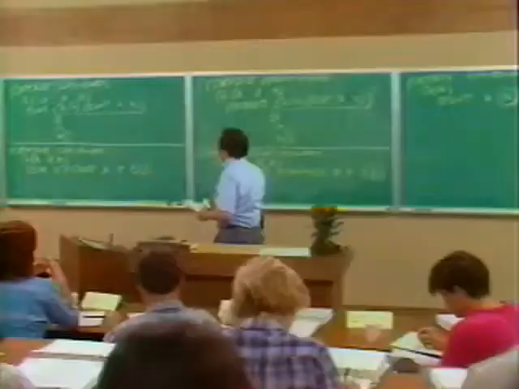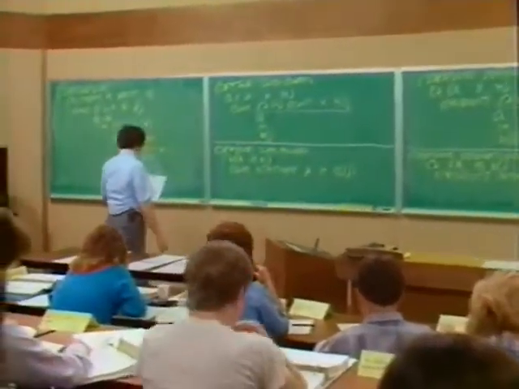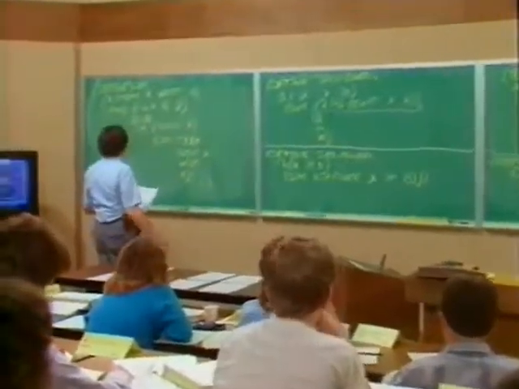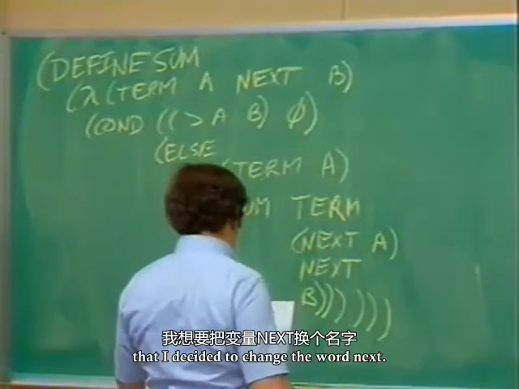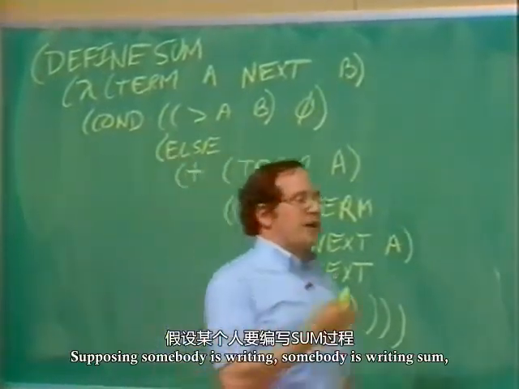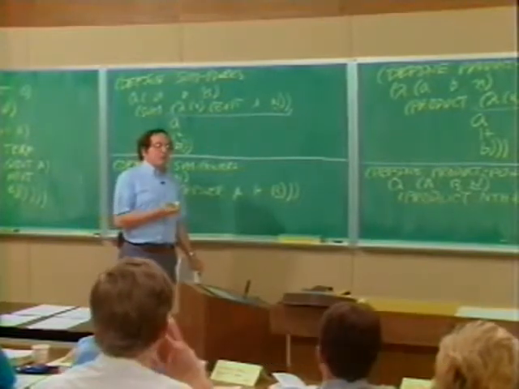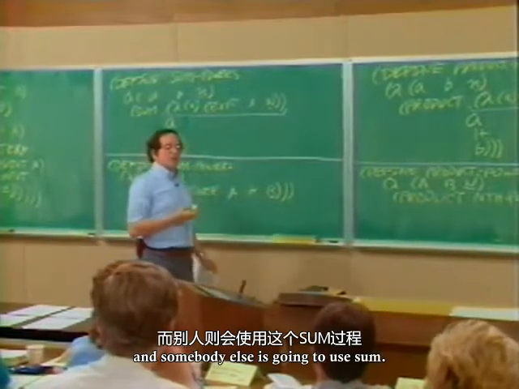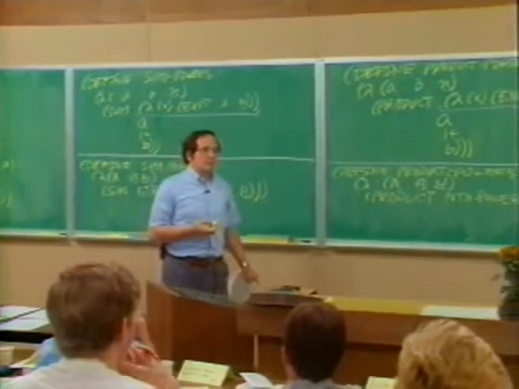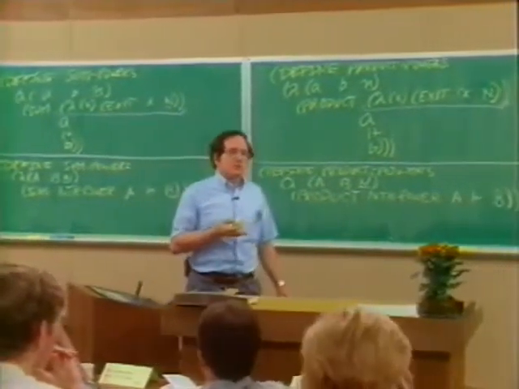Consider, for example, what happens over here. Suppose it was the case that I decided to change the word next. I'm supposing somebody is writing some, and somebody else is going to use some. The writer of some has a choice of what names he may use.